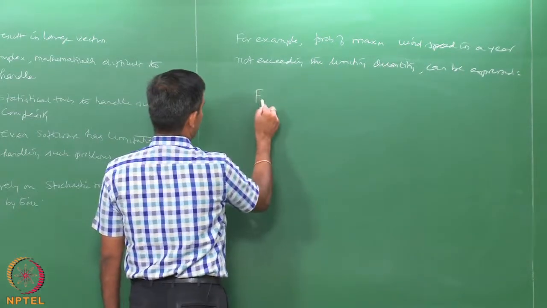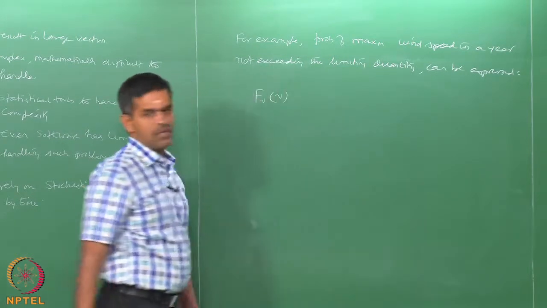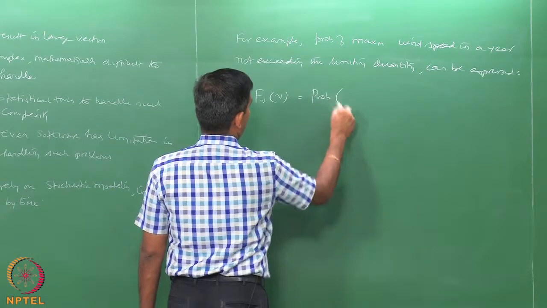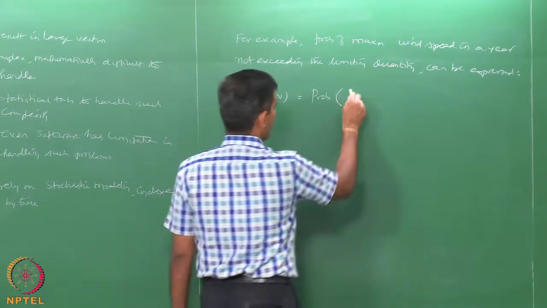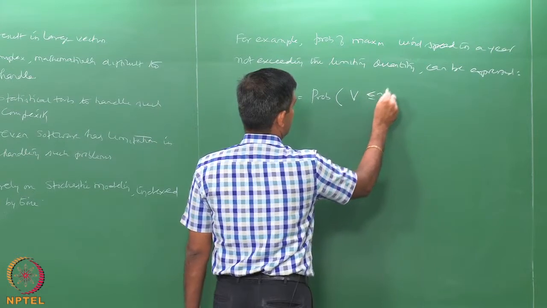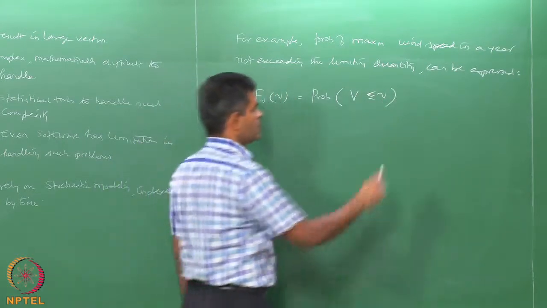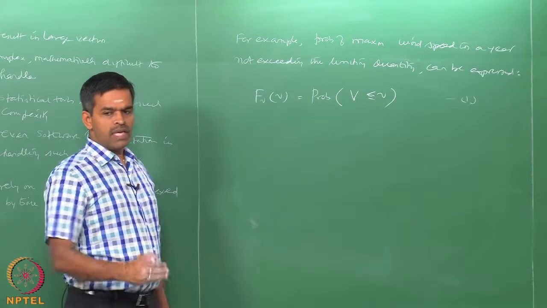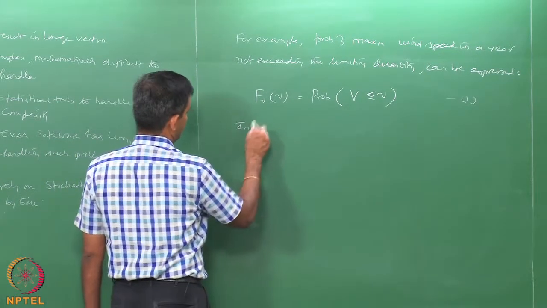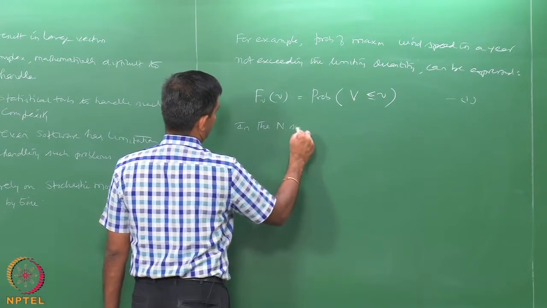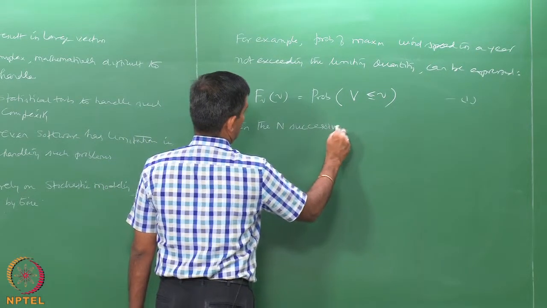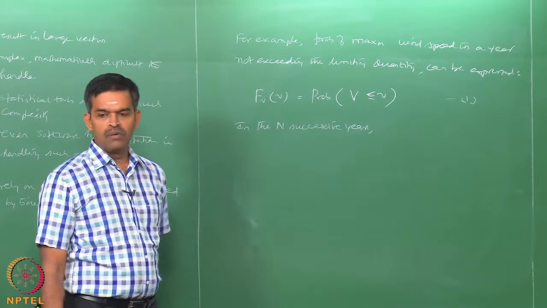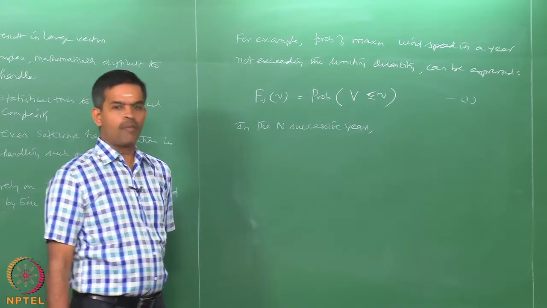Let us say F_V of v stands for the wind velocity or speed, is probability of capital V less than or equal to v, equation 1. In the n successive years, it is possible to consider annual probabilities.